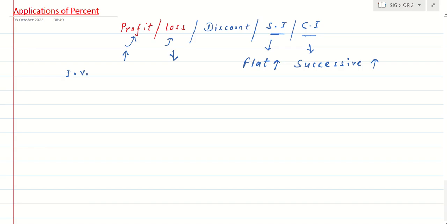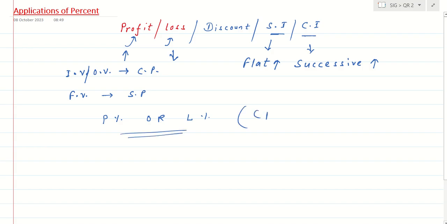So the initial value or original value means the cost price. Makes sense? The final value means what? That is the SP, selling price. And we know that the profit percentage or the loss percentage we always find on what? On CP. Keep that in mind.